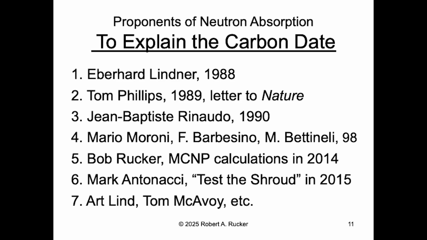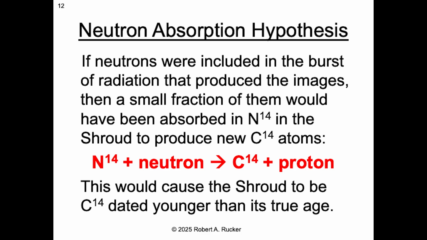Okay, so what is the neutron absorption hypothesis? Well, if neutrons were included in the burst of radiation that produced the images, now I think the majority of serious shroud researchers believe that the images were made in some sense by radiation. They differ on how.